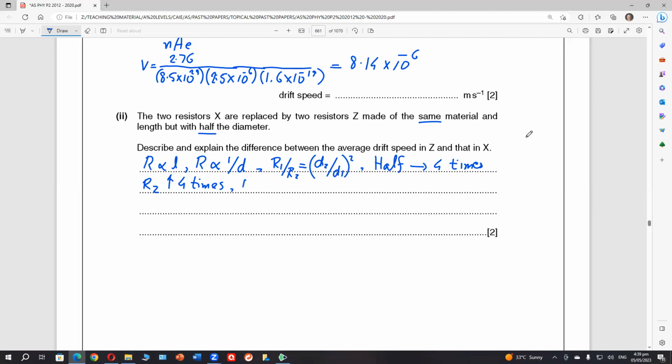Now resistance and current are inversely proportional. So resistance increases, so current decreases. I is proportional to drift velocity, so drift velocity will decrease.